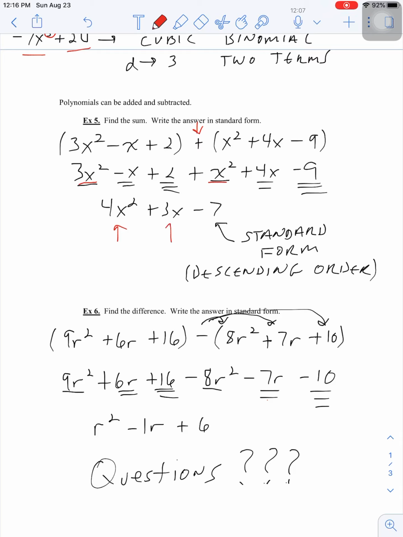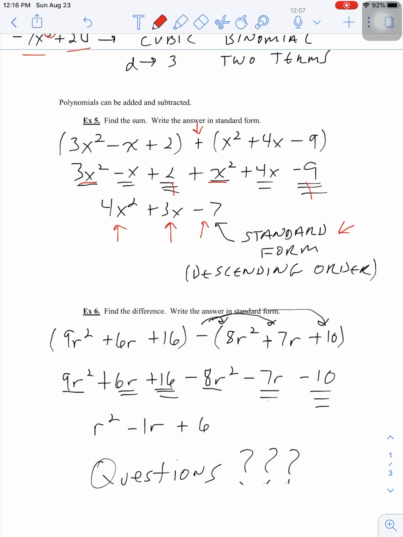When we combine that, we get a positive 3x, and then we have a 2 minus 9 for our last ones that we need to combine, which would give us a negative 7. If you use the underline method, it kind of organizes the problem, and then if you start from highest and go to lowest, automatically your answer is going to be written in standard form and descending order.